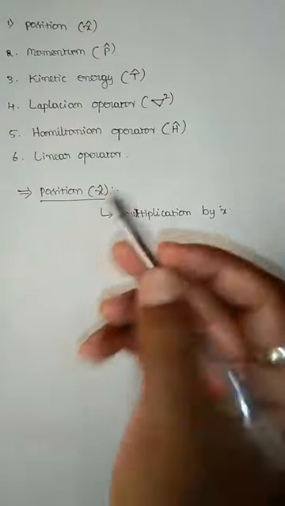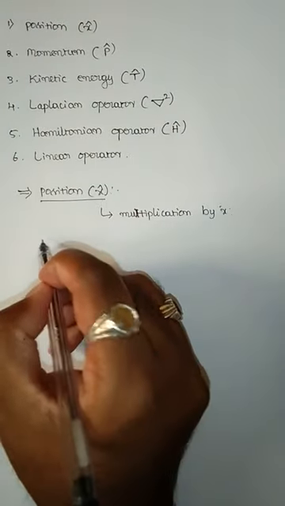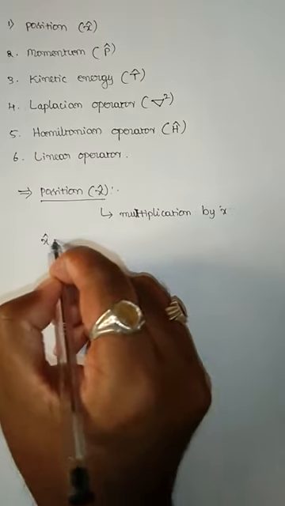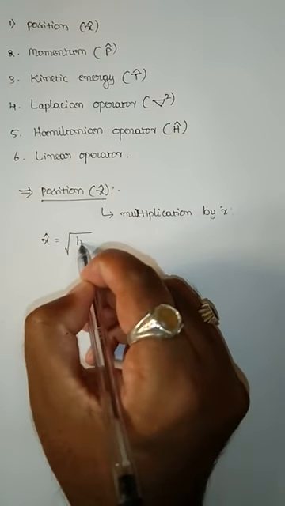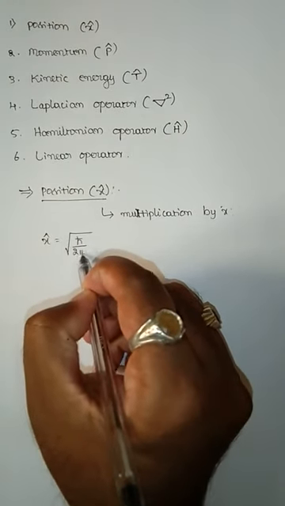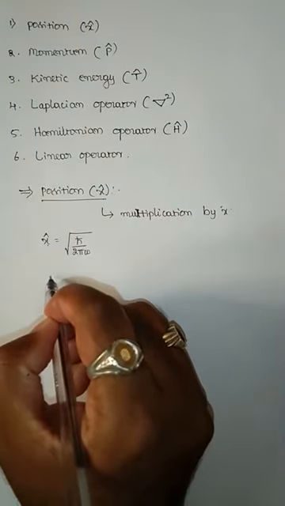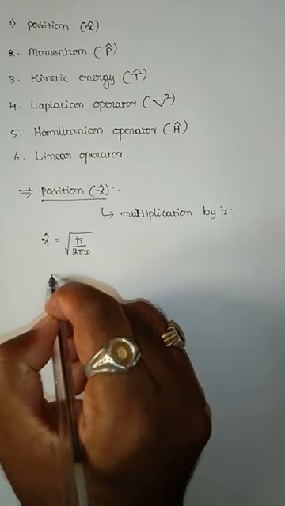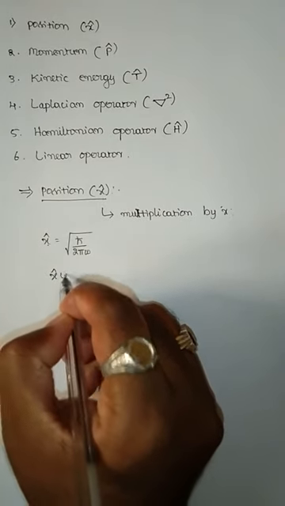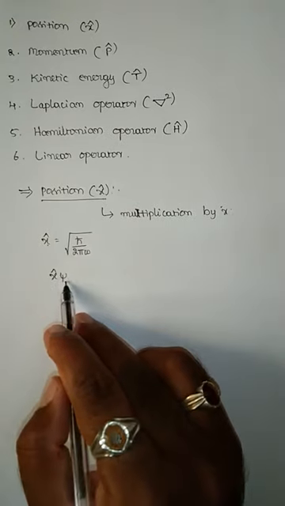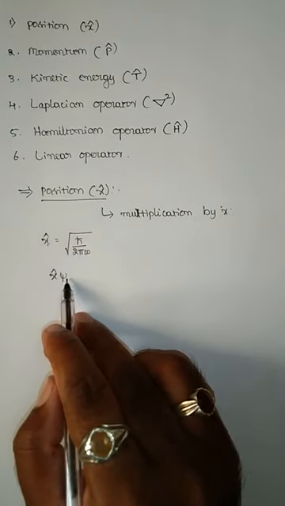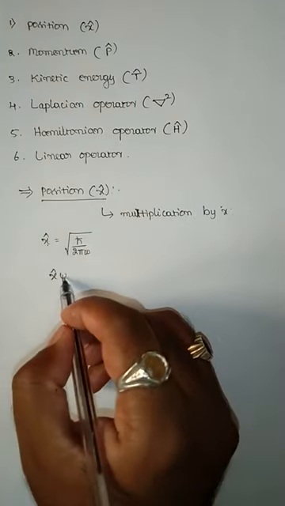Let me illustrate by considering one simple example. Say x cap is square root of h cross by 2 pi omega. This is the value of x cap. And if you have an operator, for example, x cap operating on psi, we know the meaning of psi, that is the wave function. So x cap into psi.